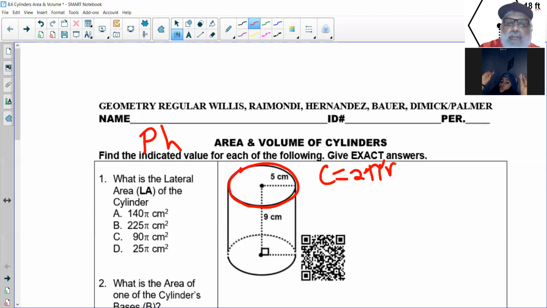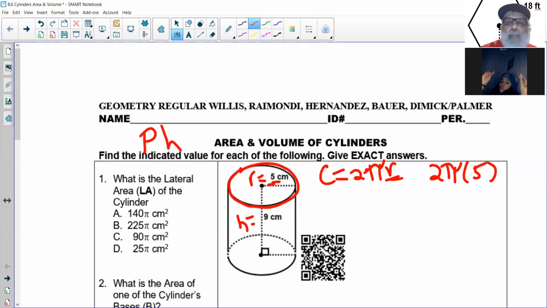The height is given, right? So the height is equal to 9. So really the only thing I got to plug into this particular one is the radius. So the circumference will be 2 pi times 5.